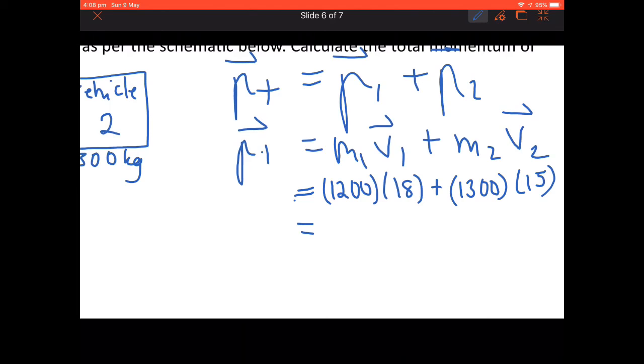This will end up being 2.1 by 10 to the 3 kilogram meters per second. I forgot to say, but we'll take positive as rightward and negative as leftward, so that should be a negative 15 meters per second for the second vehicle. So the overall answer is positive, therefore the momentum will be to the right.